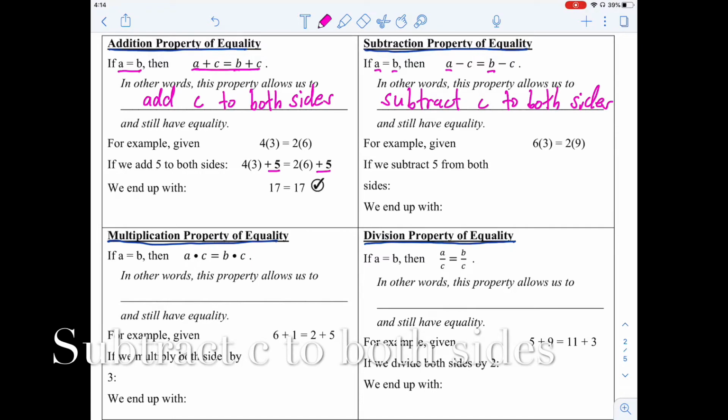They're both 18. If we subtract 5 from both sides, so we have 6 times 3, subtract 5, and then 2 times 9, subtract 5. It should still be the same. Right? So you have 18 minus 5, which is 13, and then 18 minus 5, still 13. So that works.